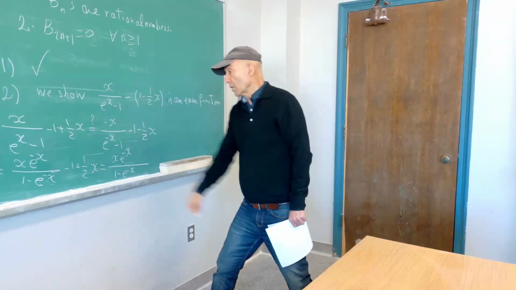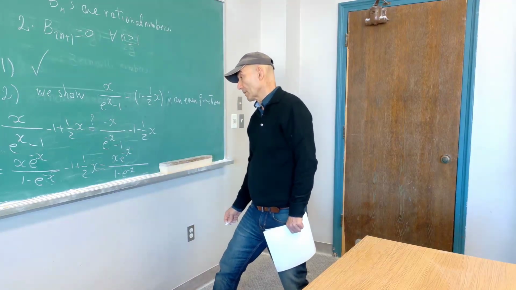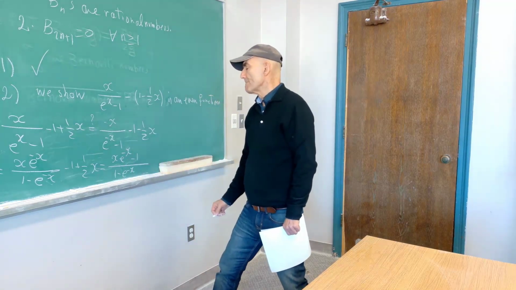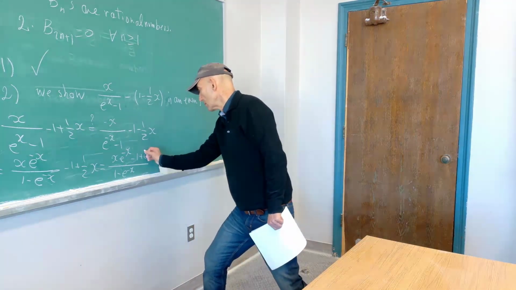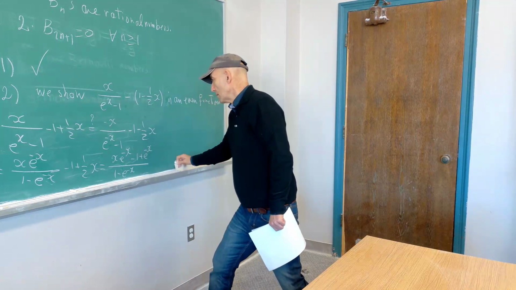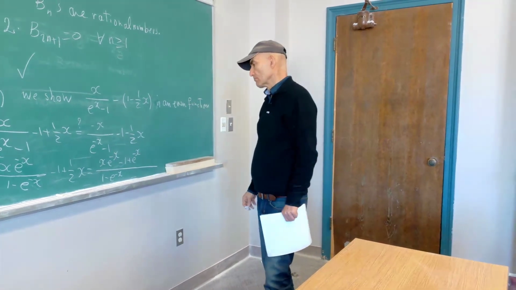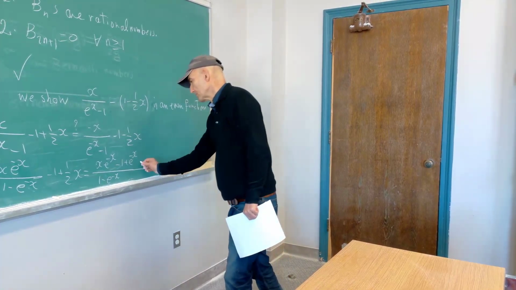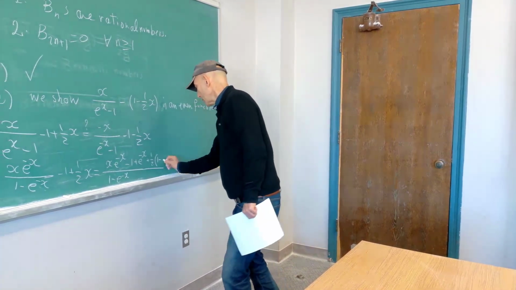And then I multiply, I get minus 1 plus e to the minus x, plus 1/2 times 1 minus e to the minus x.